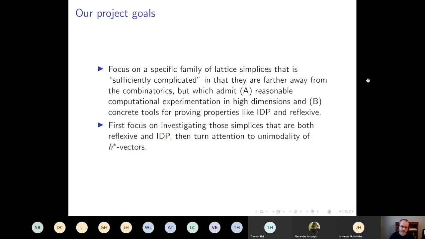I should say that there's a long history of interest in unimodality problems associated with things like the Hard Lefschetz theorem and various unimodality conjectures about Cohen-Macaulay and Gorenstein rings and their Hilbert h-vectors. So this is connected to a lot of different questions in both toric geometry and combinatorial commutative algebra.